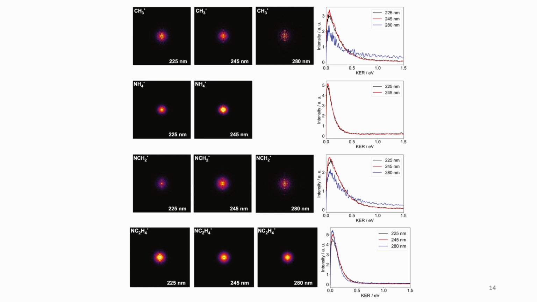Additionally, the lack of any angular anisotropy in the image suggests that the molecule undergoes rotational dissociation. In most cases, the kinetic energy distributions of the secondary dissociation products show only minor change as the photon energy is increased.